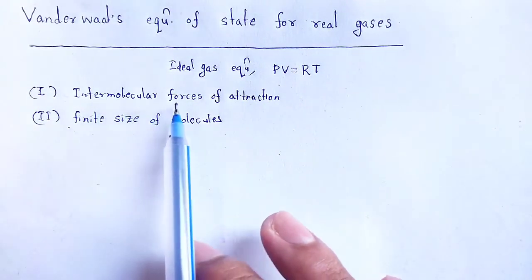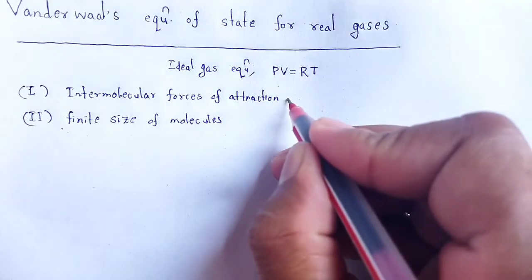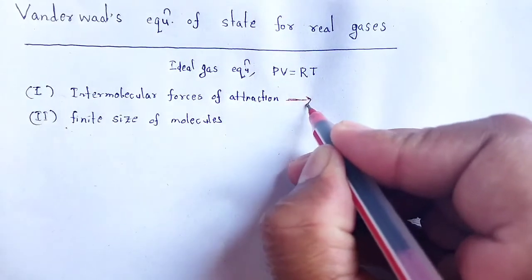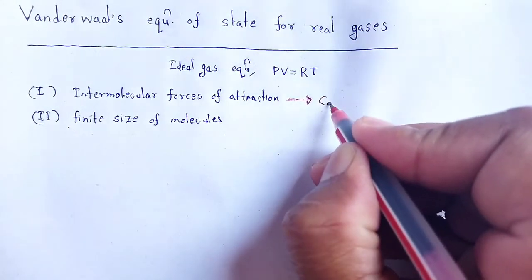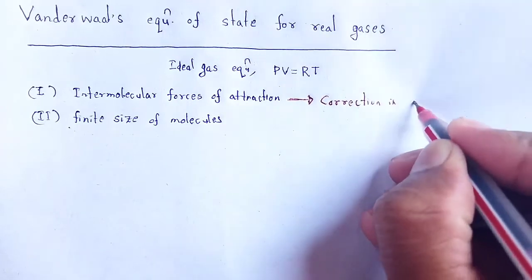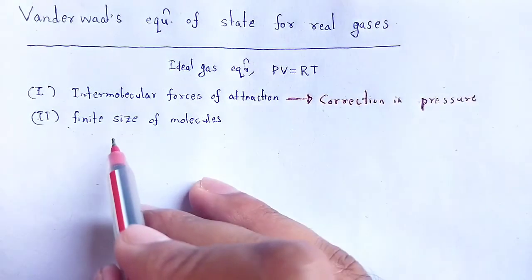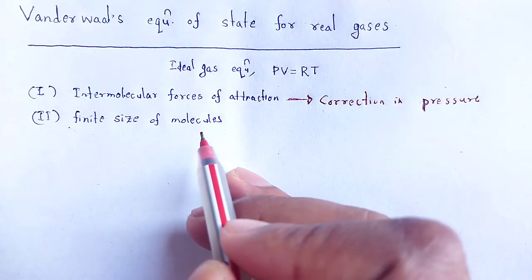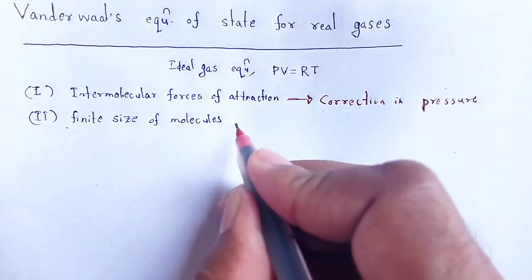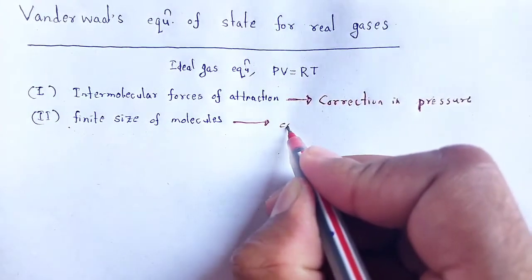Due to the intermolecular forces of attraction, that leads to the correction in pressure, and due to the finite size of molecules, that leads to the correction in volume.